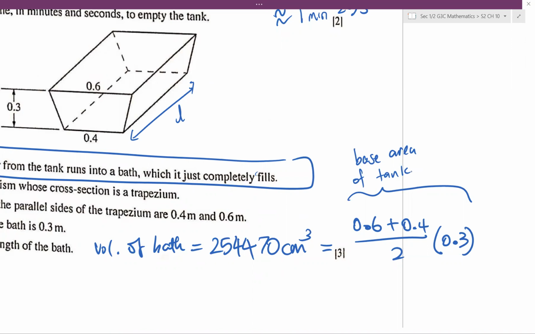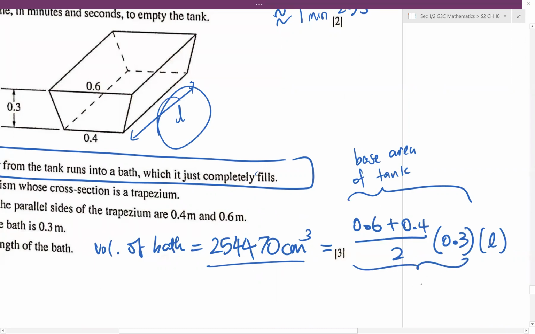That is why we use algebra. What did I call the length over here? In the diagram, what did I call the length? L, yes, L. So by right, based on this, we should have one unknown. I can solve, right?